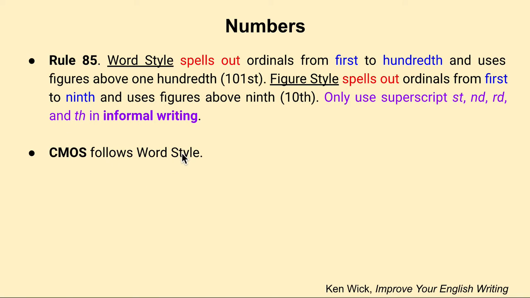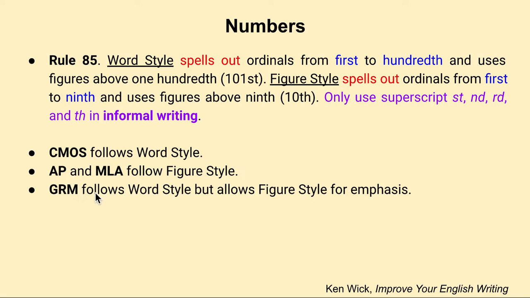Chicago Manual of Style follows word style, so it goes from first to 100th. AP and MLA follow figure style, which is sort of different. You're used to MLA following what Chicago does, but here it actually follows figure style.